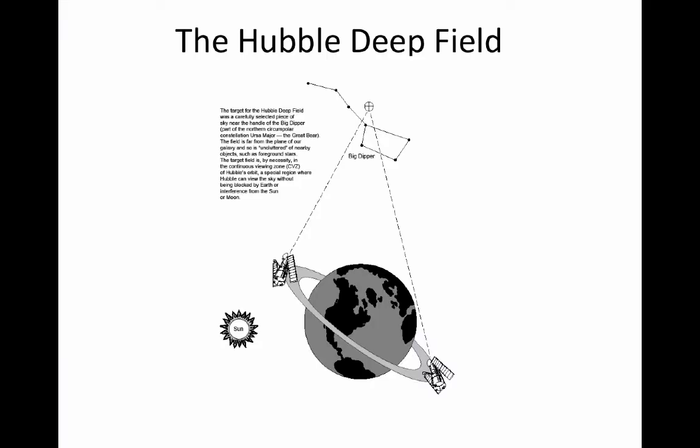Finally, just to lead us into next week, let me show you some images from the Hubble Deep Field. So the Hubble Space Telescope, during part of its run, focused some very long exposure photographs on a tiny patch of sky close to the Big Dipper, and simply looked at that patch of sky for a long time, collected a lot of light, and measured some of the most distant galaxies in our universe.